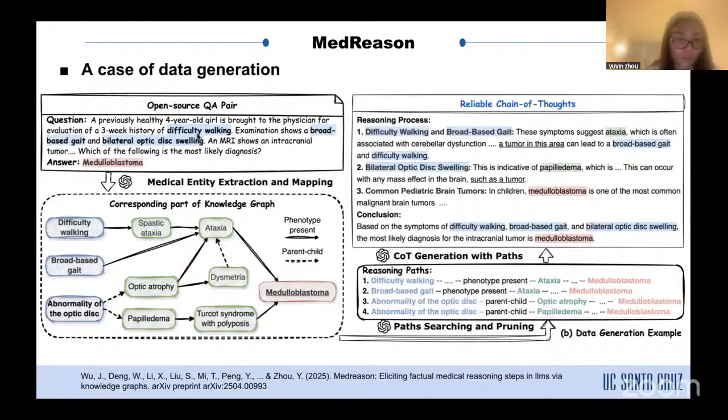From one open source QA pair, a question and answer, the words in blue are the keyword entities that can be matched to entities in the knowledge graph, and the words in the answer set, marked in red, correspond to the final entity in the knowledge graph.